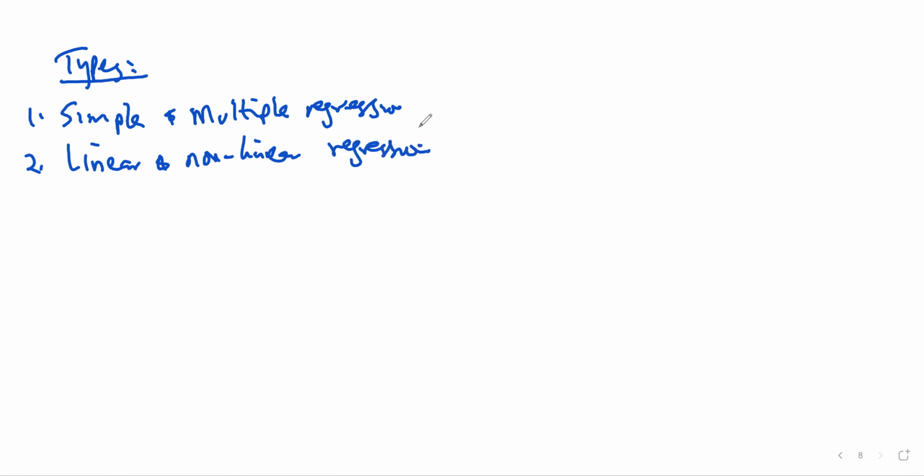Then we also have what we call total and partial regression. In your course, you'll be focusing more on the first two, either in this class or even in another class like econometrics. We'll be dealing with nonlinear regression.